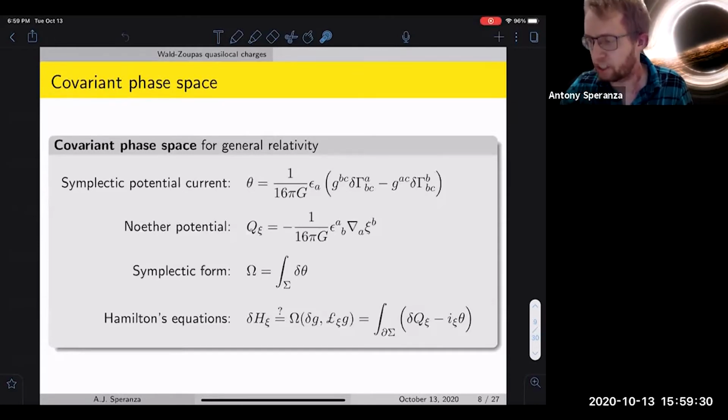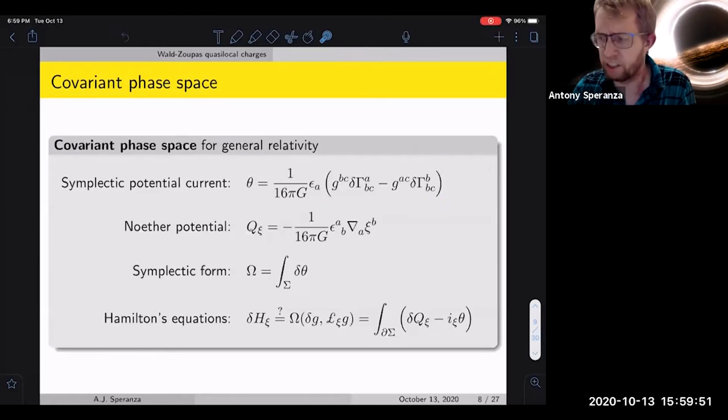But just to give a lightning review of the essential features, one of the things that you use in covariant phase space is this symplectic potential current called theta. And this is just the boundary term that shows up when you vary the Einstein-Hilbert action. So you can see it involves variations of the Christoffel symbols.